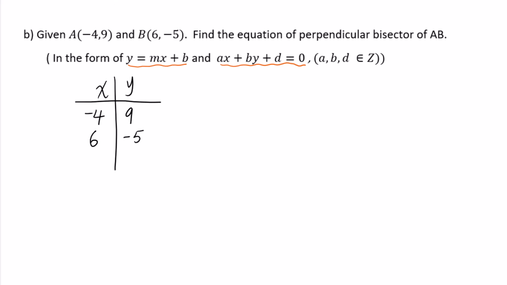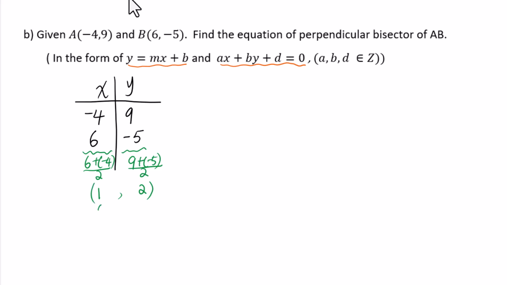First of all, we need to figure out the midpoint. 6 plus negative 4 over 2 equals 1. 9 plus negative 5 over 2 equals 2.